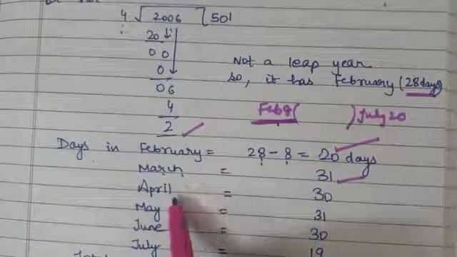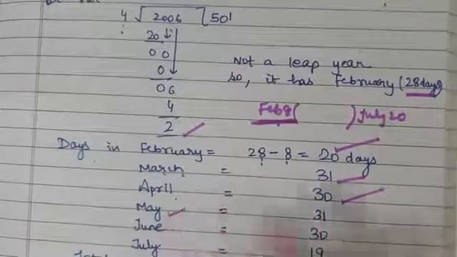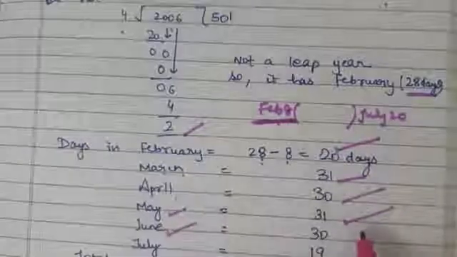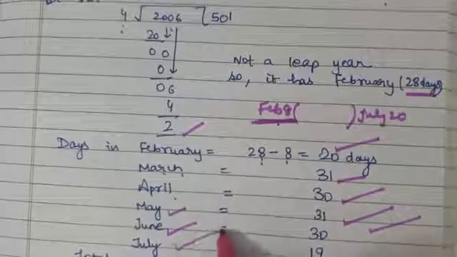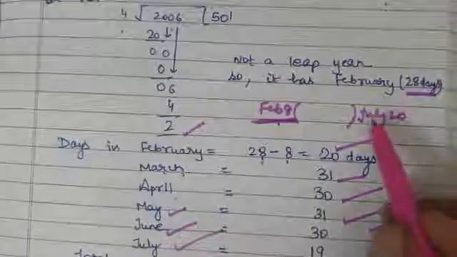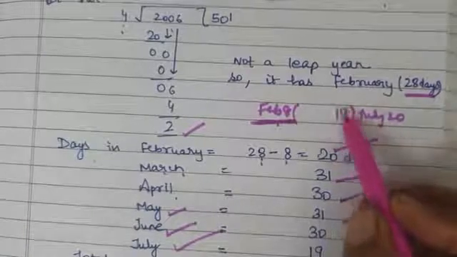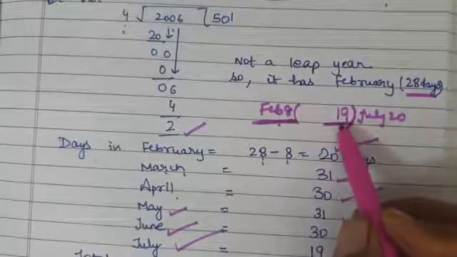In April, 30 days. In May, 31 days. In June, 30 days. And in July, now listen here, in between we have to take, there is the 19th date, so till 19 July we will take.